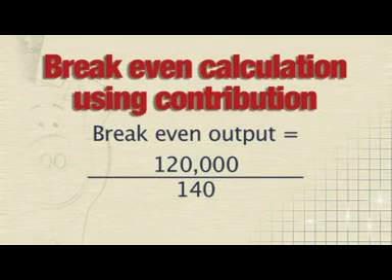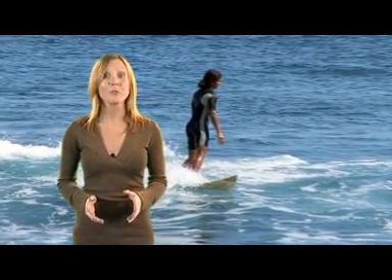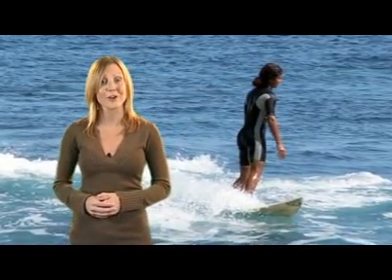The break-even point equals 120,000 divided by 140, which is the £220 selling price minus the £80 variable costs. The break-even point is therefore 857. So, by increasing his prices, he brings the break-even point down and could make profit earlier because he wouldn't have to sell as many surfboards to cover all his costs.